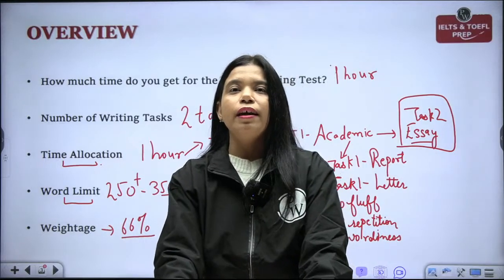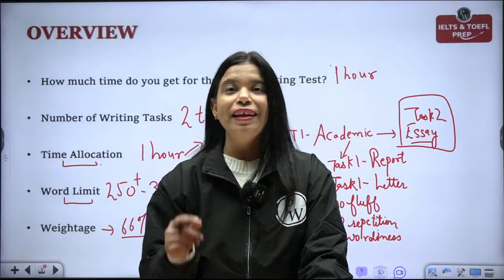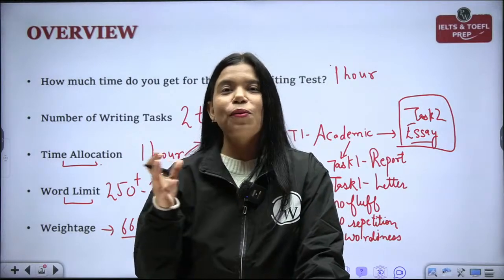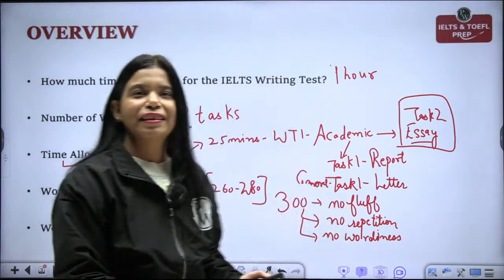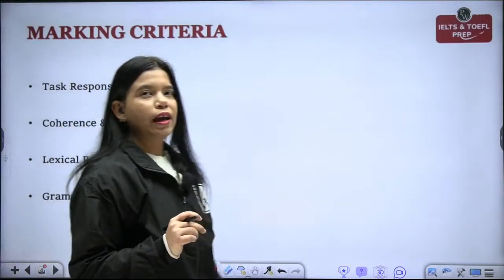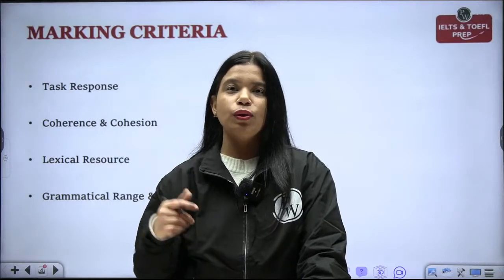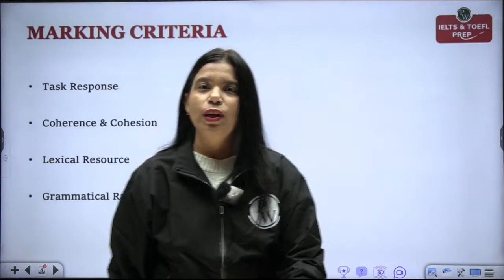Now let's understand the marking criteria. That means marking criteria means examiners को कैसे खुश करें कि वो हमें अच्छा score दे दें. Let's understand quickly in simple language. Okay, now what happens is you are going to be given 4 different band scores on each of these criteria. What are these criteria?